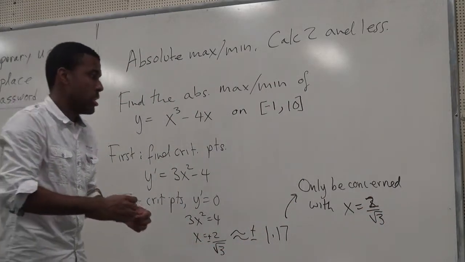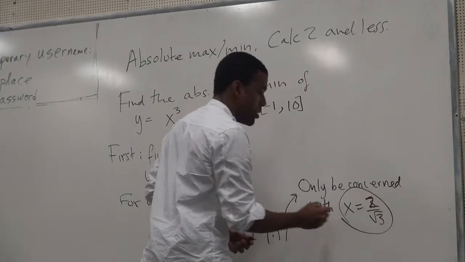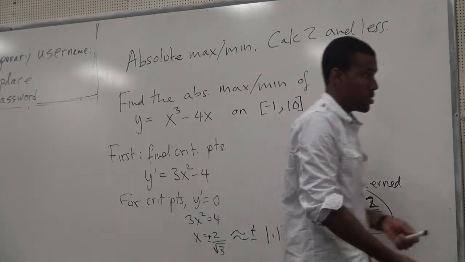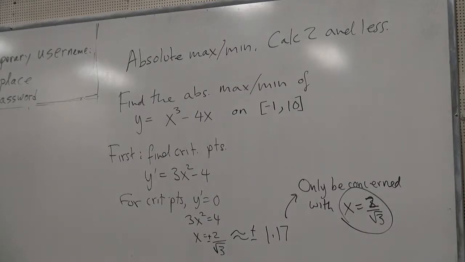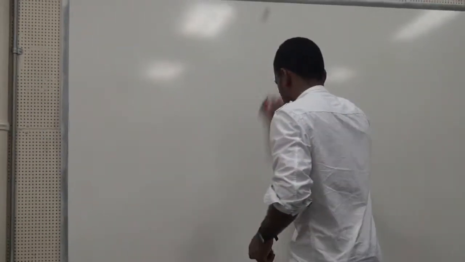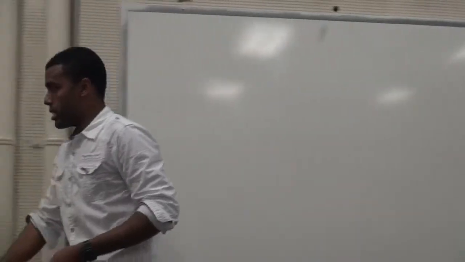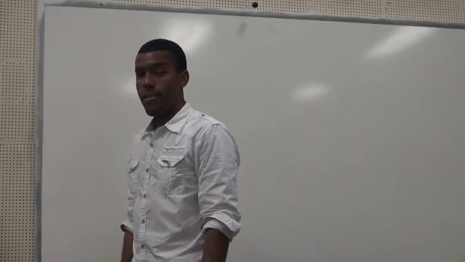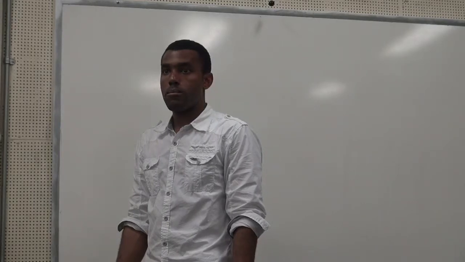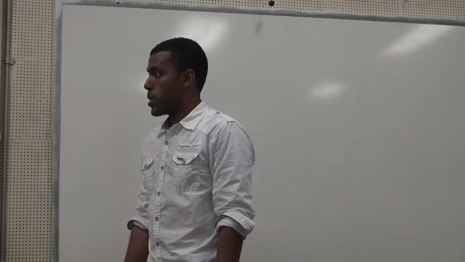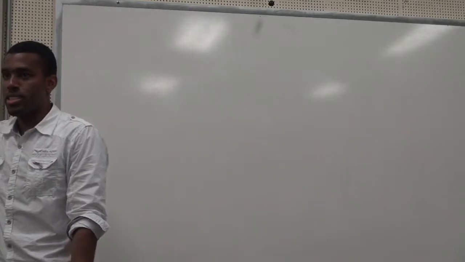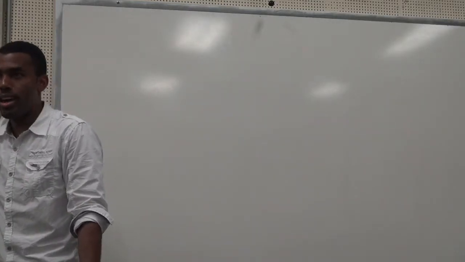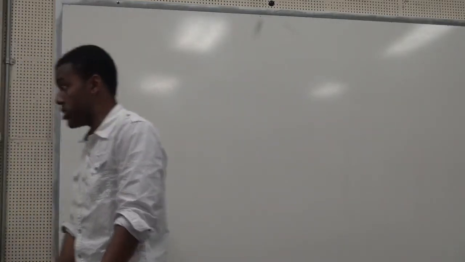Now that you know that was the critical point, what was the next thing you had to do for absolute maximum? Take the second derivative? Do I need to classify that? I didn't have to classify this to know if it's a local max or min. I don't really care. When you're talking about absolute maxes or mins, you didn't really care.